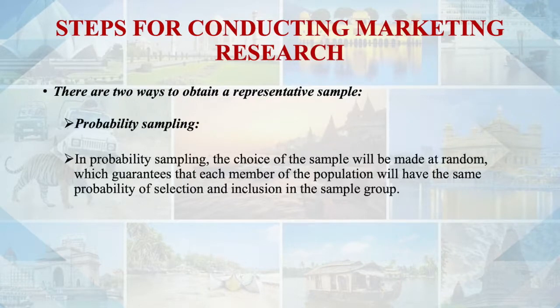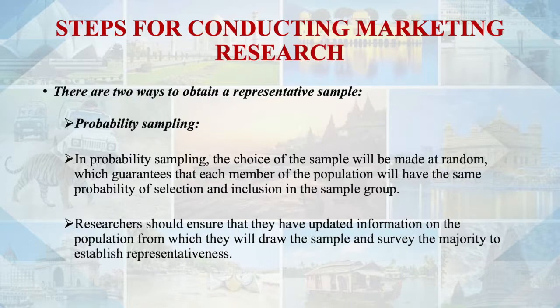In probability sampling, the choice of the sample is made at random, which guarantees that each member of a population will have the same probability of selection and inclusion in the sample group. Researchers should ensure that they have updated information on the population from which they will draw the sample and survey the majority to establish representativeness.